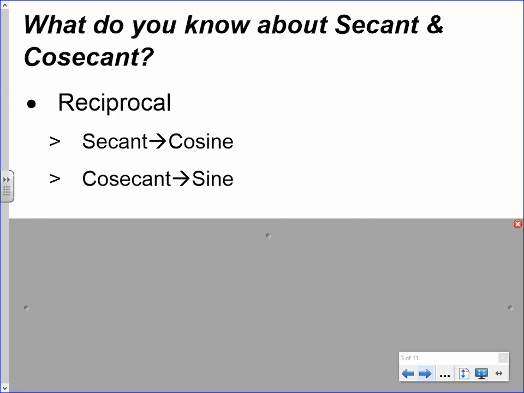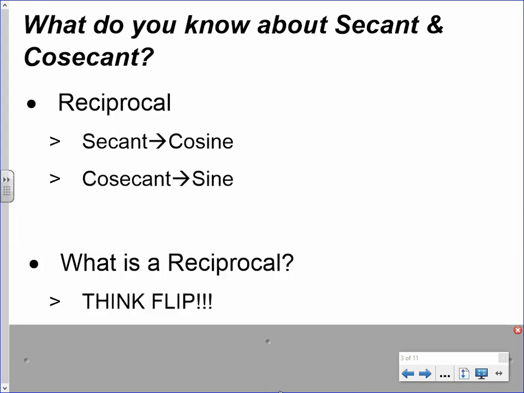Okay, explaining a reciprocal in basic words, pod 6, what would you say? Flipping the fraction, right? When we're thinking about reciprocal, we take a fraction, we flip it, okay? That's about the best way to explain it. We got to flip it, all right?